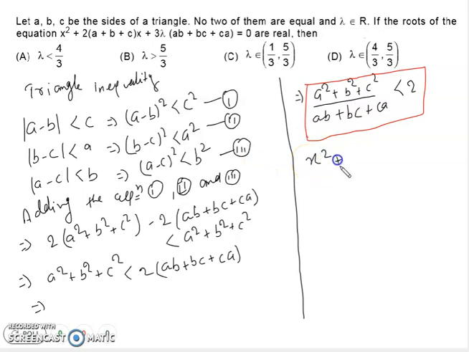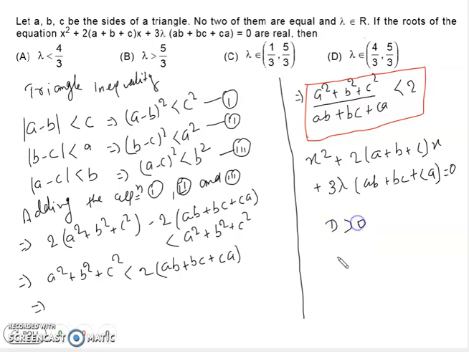What is the equation? x square plus 2 into (a plus b plus c) x plus 3 lambda (ab plus bc plus ca) is equal to 0, right? The roots of this equation are real. So for real roots, we know that D is greater than or equal to 0, which means b square minus 4ac is also greater than or equal to 0.